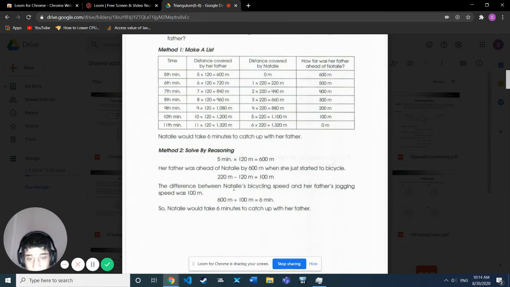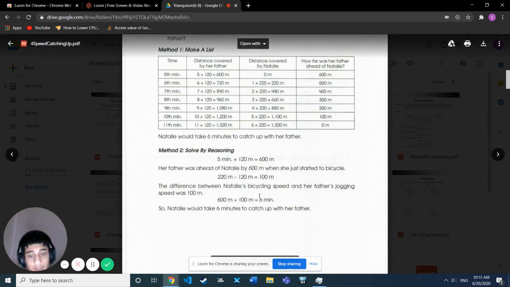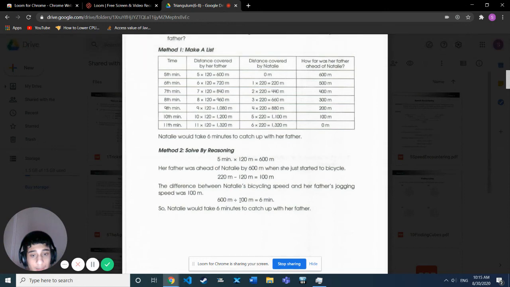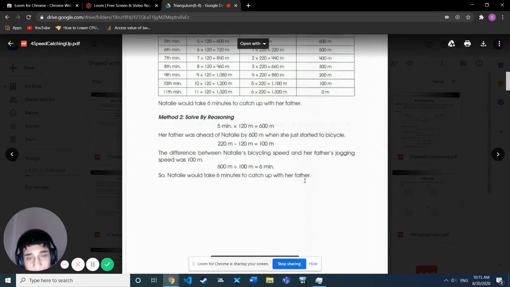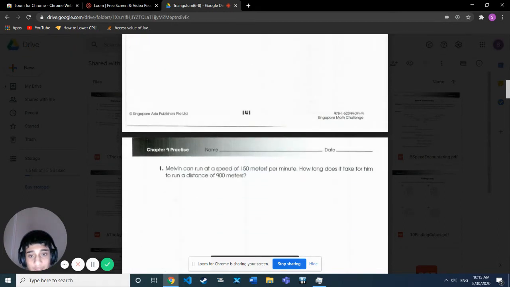Then you subtract the slower speed from the faster speed, which gives you the amount by which the distance between them decreases every minute. It's going to be 100 meters per minute in this scenario. If you divide 600 by that, it's going to take exactly 6 minutes to reach the same point as his father.